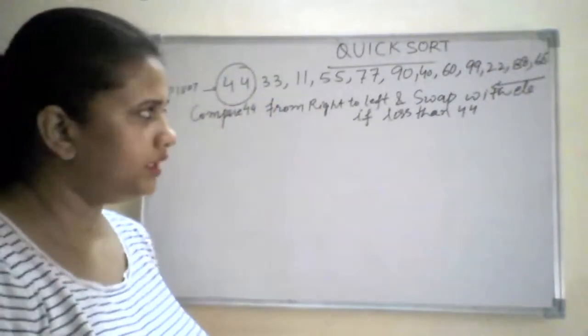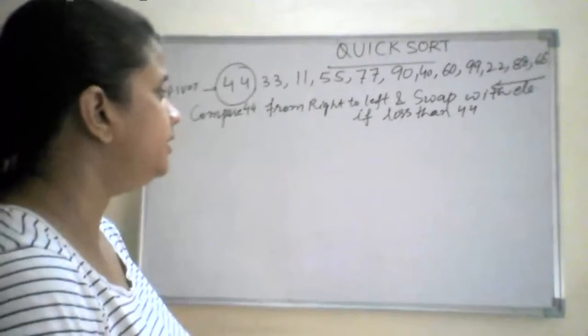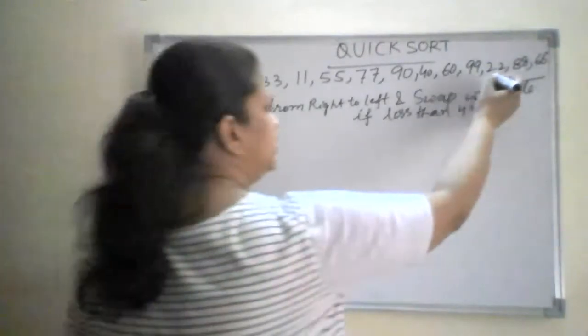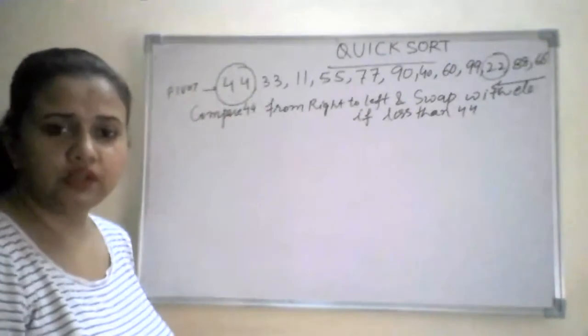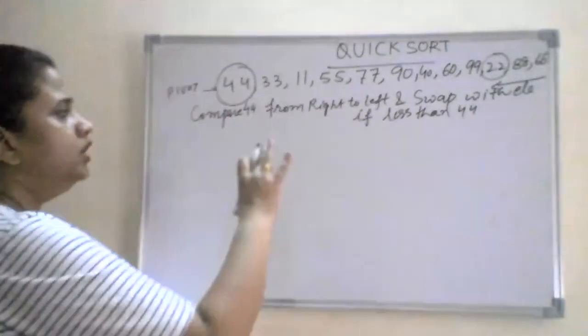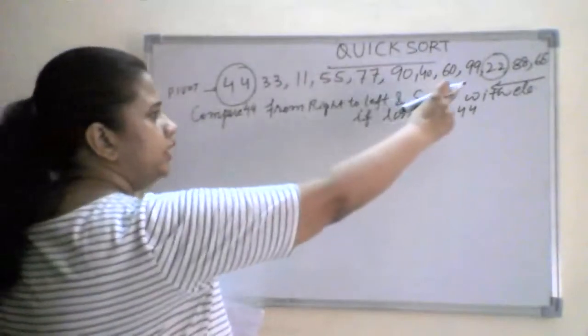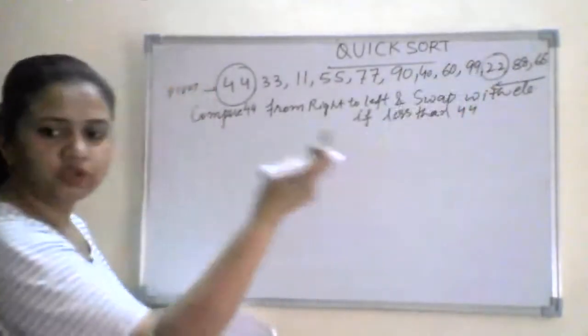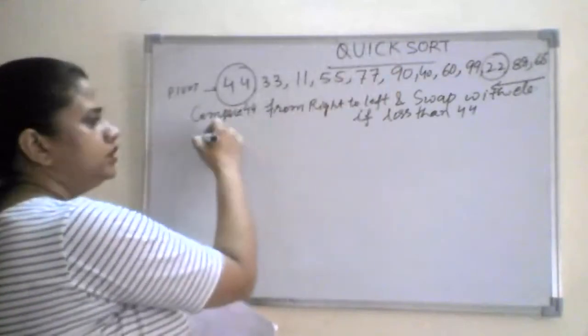Then I will compare with 88. Again, it is greater than 44. Now, when I compare with the third last element, that is 22, 22 is less than 44. Because 44 is greater than 22, it means 22 is supposed to be towards the left. So we will do the swap.